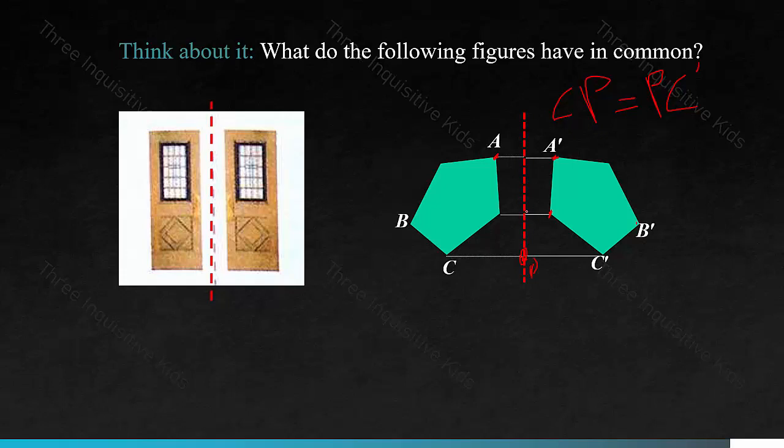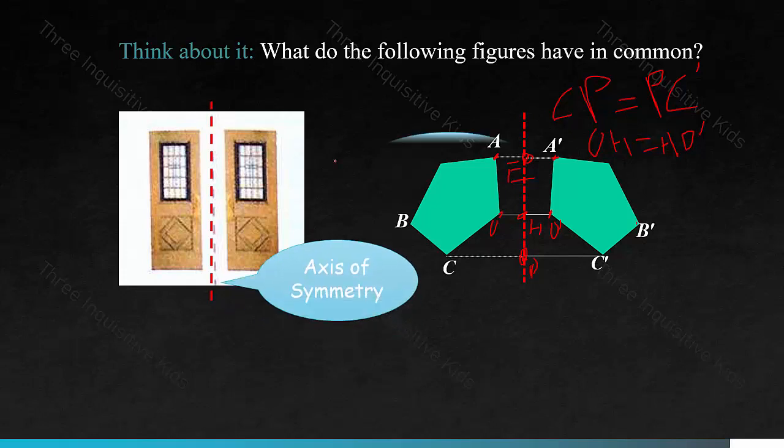If you say that this point is H, this is O, and this is O prime, then OH would equal HO prime. And when you say that this point is E, for example, AE would equal EA prime. So their distances are the same because they are reflected across this axis.